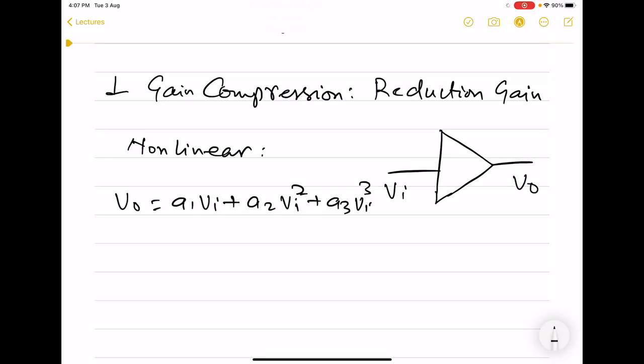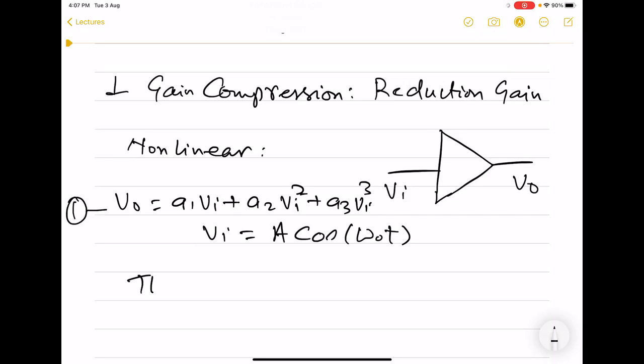Where our input is a single sinusoid like this. So we had already carried out the output analysis. That means we can substitute this input in equation 1 and find out what will be the output for the fundamental case.